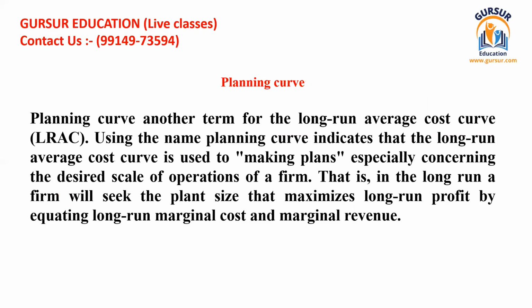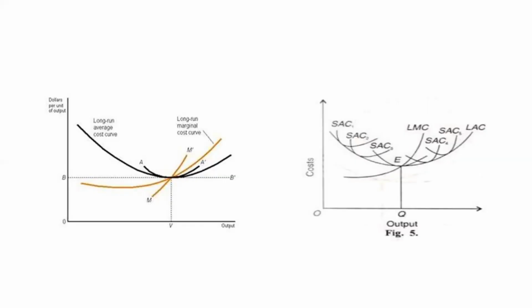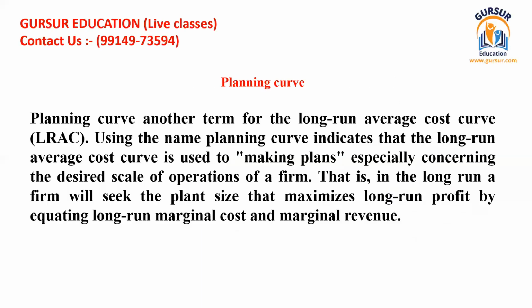Now, the long run average cost curve is also known as the planning curve. Why? Because it can contain all the short run average cost curves, and it gives you the maximum opportunity and time for adjusting your plants or inputs in a way that your cost becomes minimum.